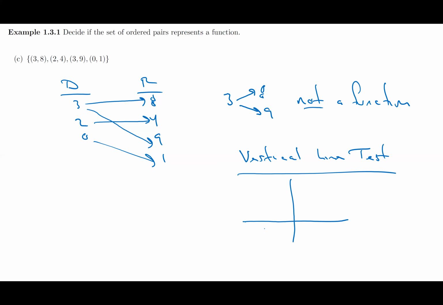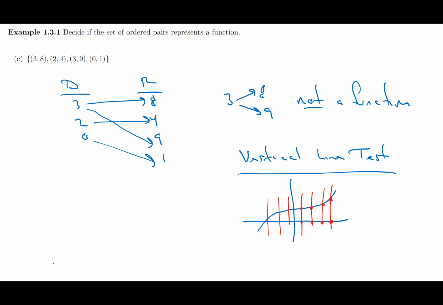So really, whatever your function might look like, any vertical line that you draw through it will only cross the function in one place. In other words, this input has one output. This input has one output. Input to output, input to output, and so on.